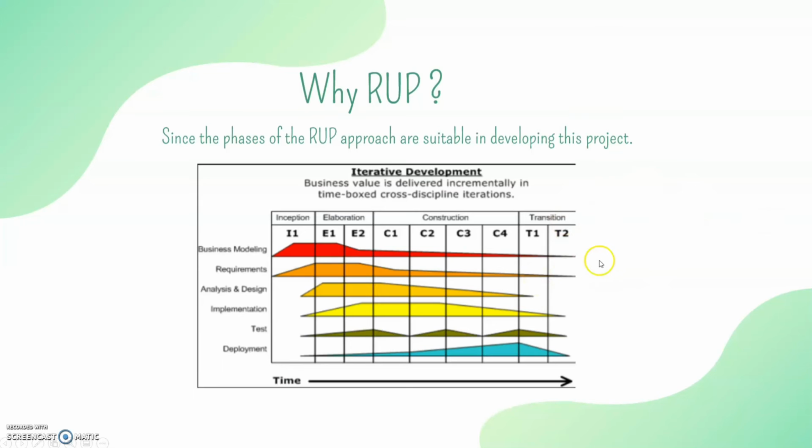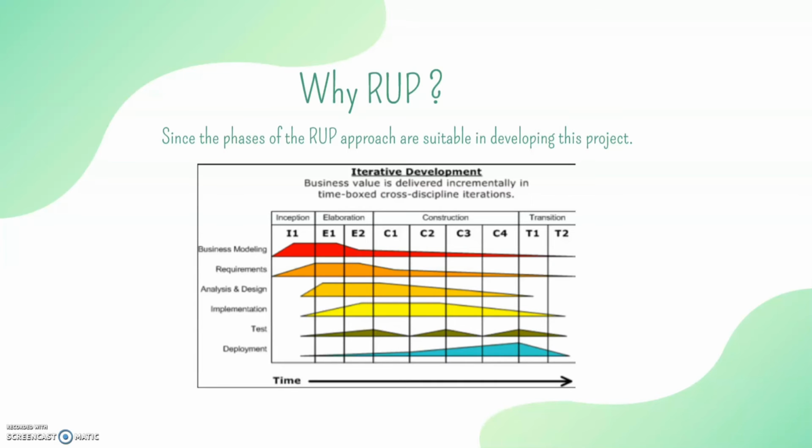picture clearly, RUP is an iterative development process. Let's say for the inception phase, there's only one iteration where we do the business modeling and requirements analysis more, and after that the inception phase is completed.